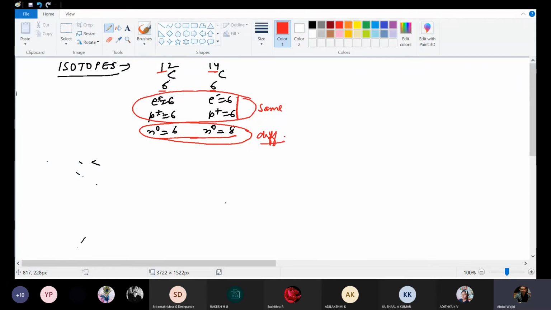So like this, they'll be asking you U92 232 or U92 235. U92 235 is the most easily fissionable isotope of uranium. This gives an enormous amount of energy. The most unstable isotope of uranium is U235, which gives an enormous amount of energy.